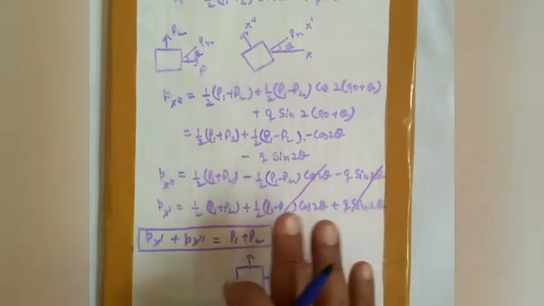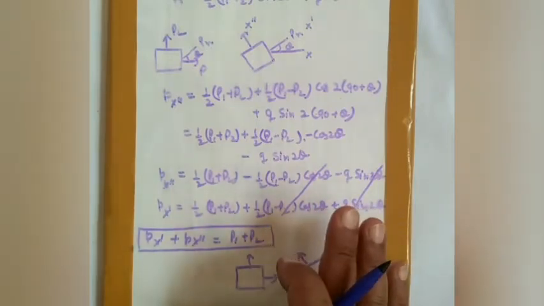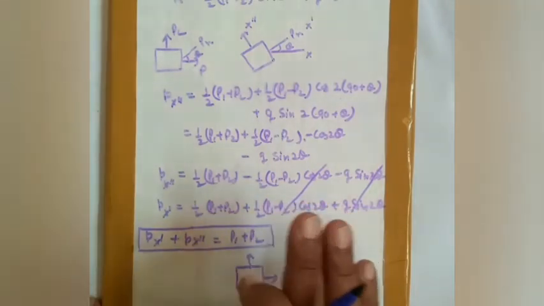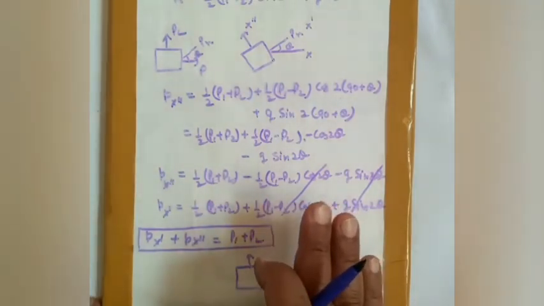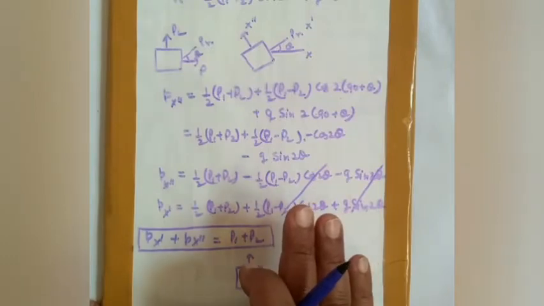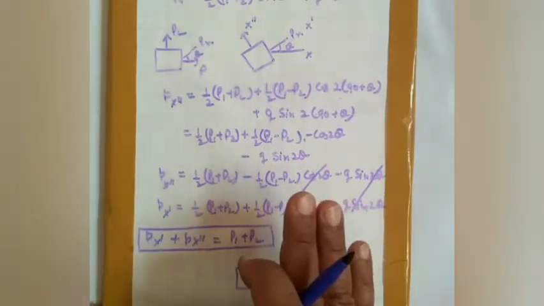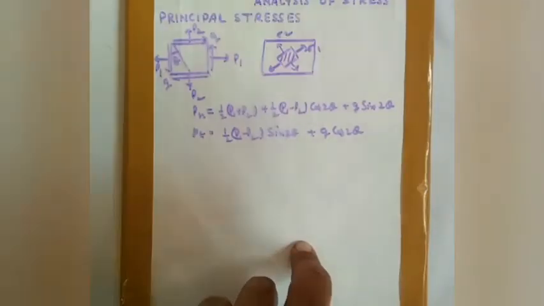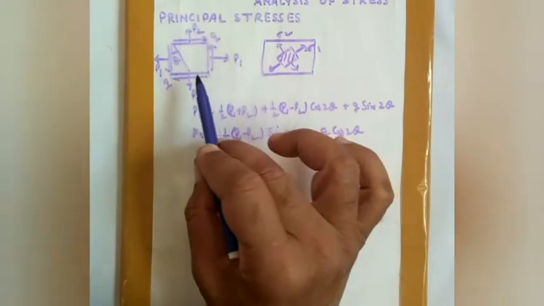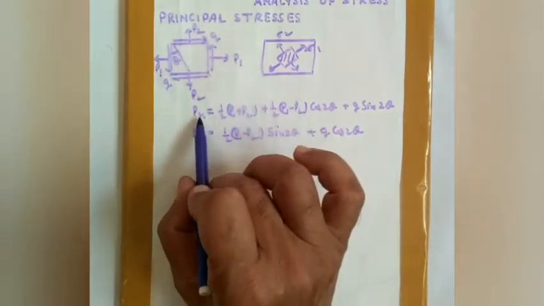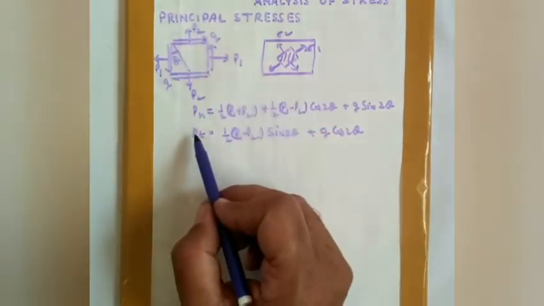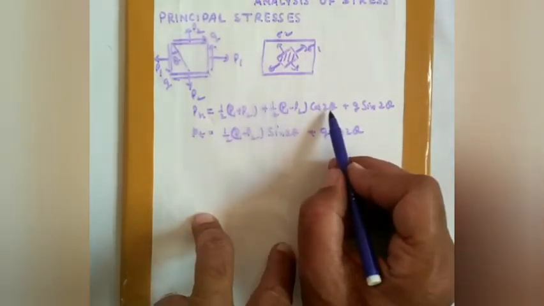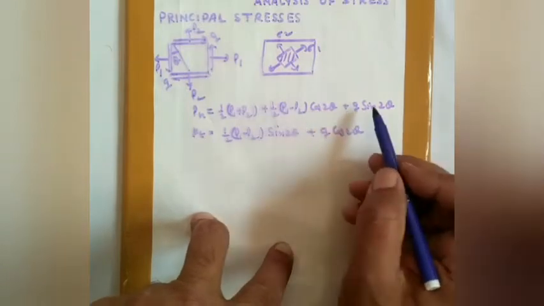In engineering problems, we are more interested in maximum normal stress and maximum shear stress, mainly in design problems. So principal stress helps there. So the next concept would be principal stress. In a plane stress system, we have seen that the normal stress Pn and the tangential stress Pt vary with angle theta, as they are functions of theta.